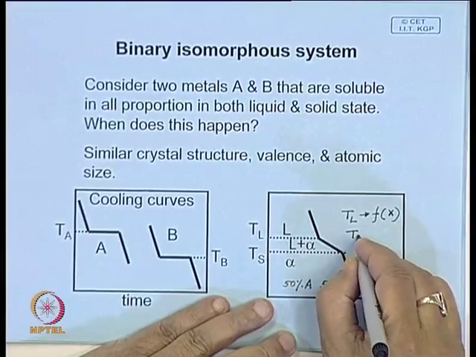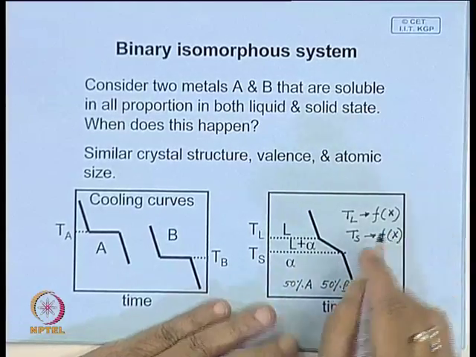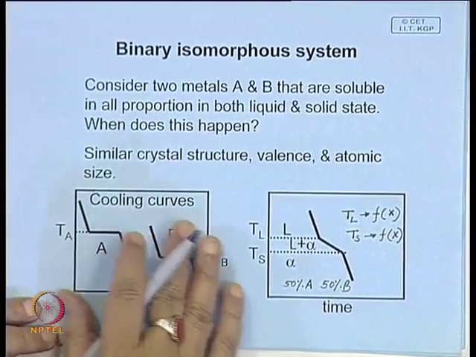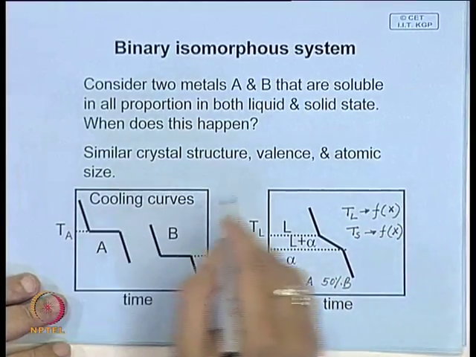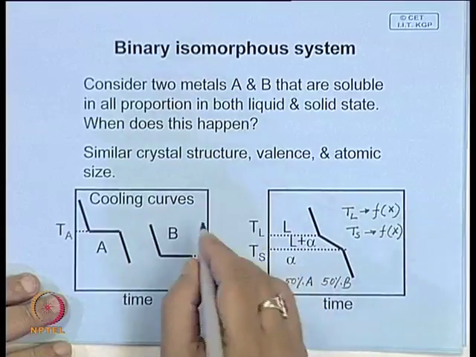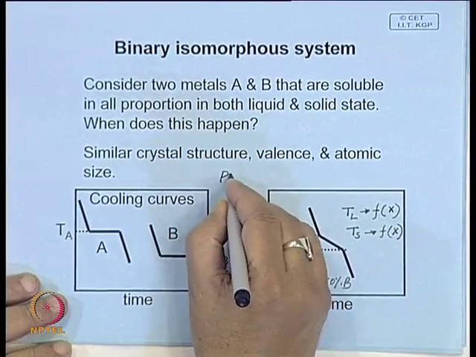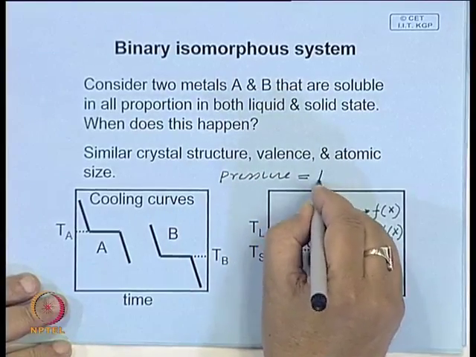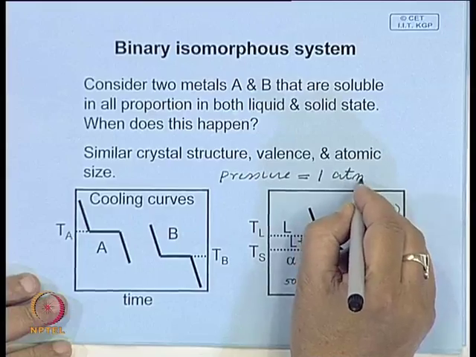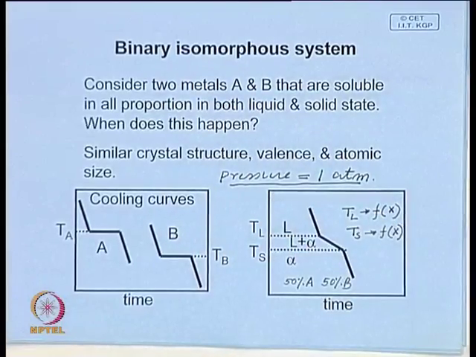T S is also a function of composition, and here we conduct the entire experiment at constant pressure, and we will consider that constant pressure to be 1 atmosphere, which is because most processing will be done at a fixed pressure.